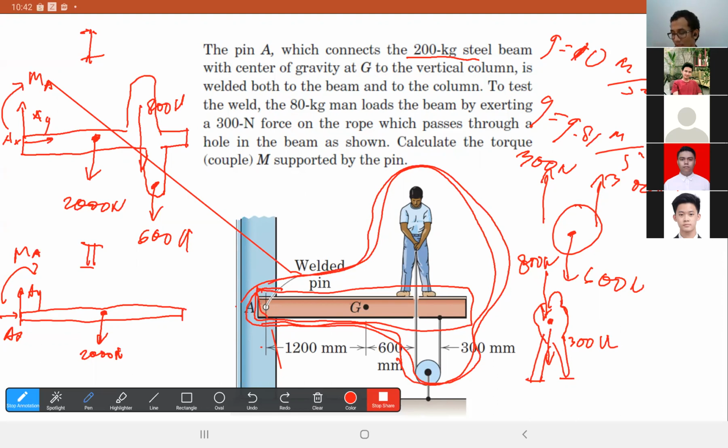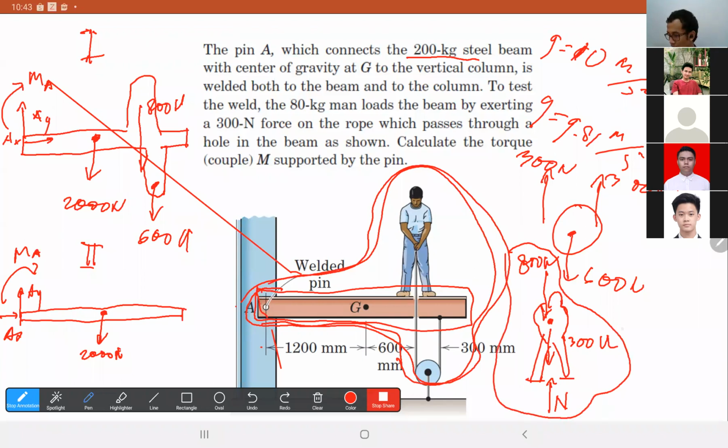Apakah orang itu mendapatkan gaya normal dari beamnya tidak? Kalau tidak, berarti dia percepatan ke bawah dong. Oh iya. Gaya normal, 300 juga, sir. No, you cannot answer it that way. This is the normal force. The normal force is supposed to make all the things here in balance condition.